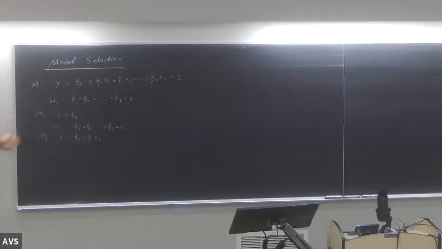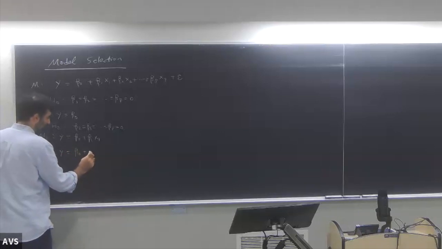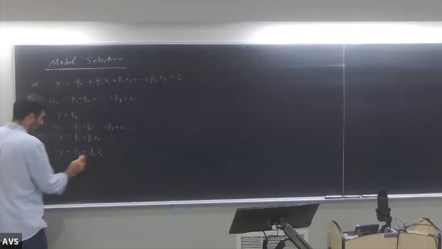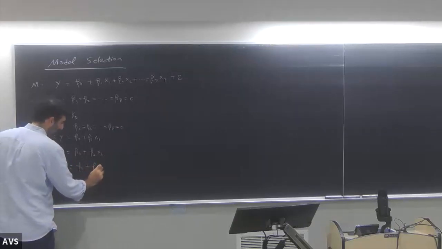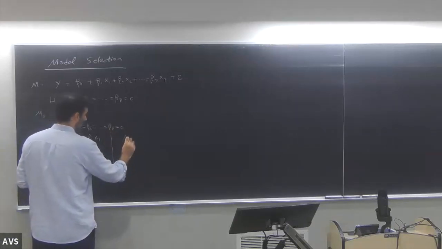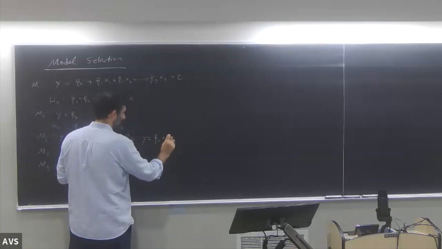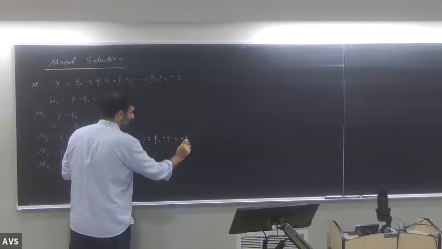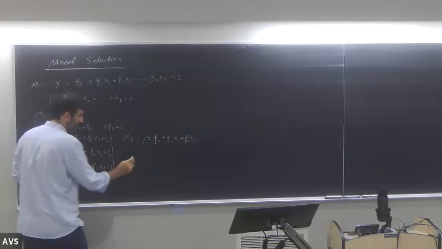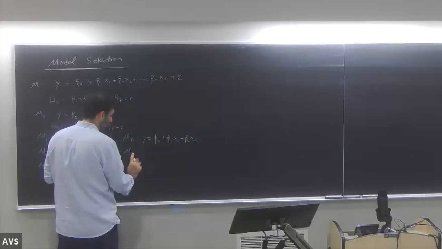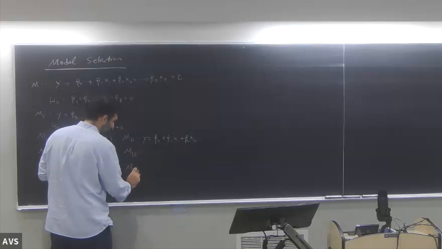So I could have a different model, let's say keeping just x2, another model keeping just x3. And then you could have a model where we keep just x1 and x2, and x1 and x3, and x2 and x3.